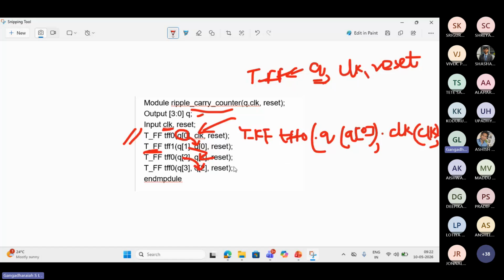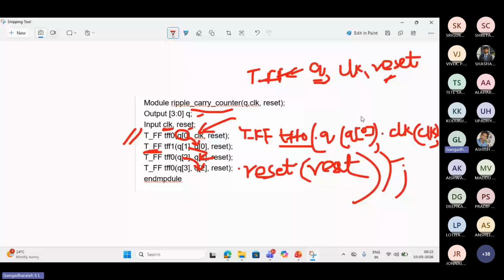So you continue on the next line, as I don't have space. Comma, dot, next, reset. What I'm writing is reset of T underscore FF is connected to reset of ripple carry counter. Whatever I am writing inside this bracket, I close this bracket here.